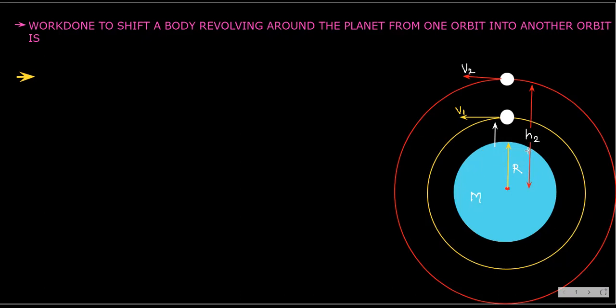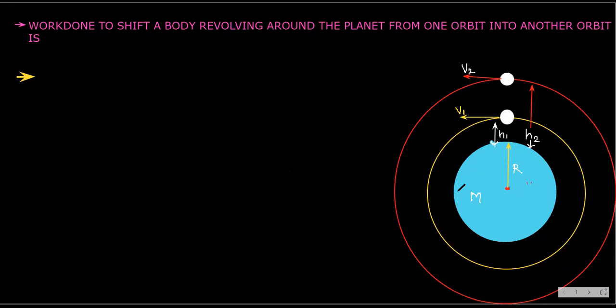And here also, you can see this part. This one is just h1, and this height is h2, where this body is revolved.